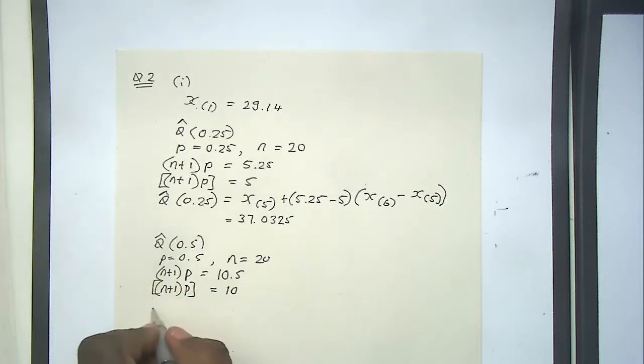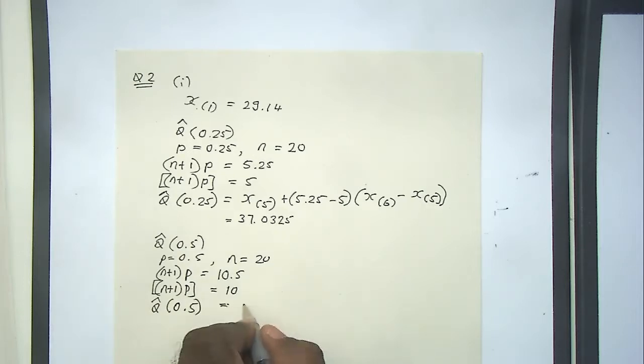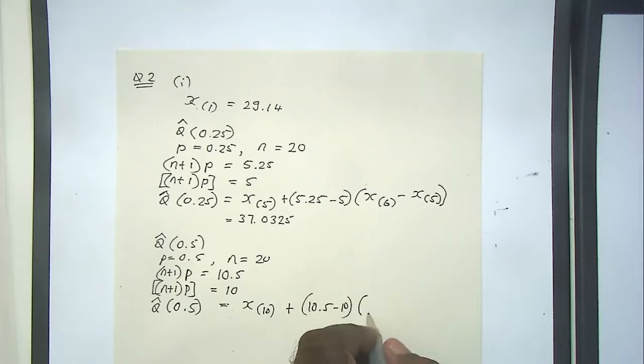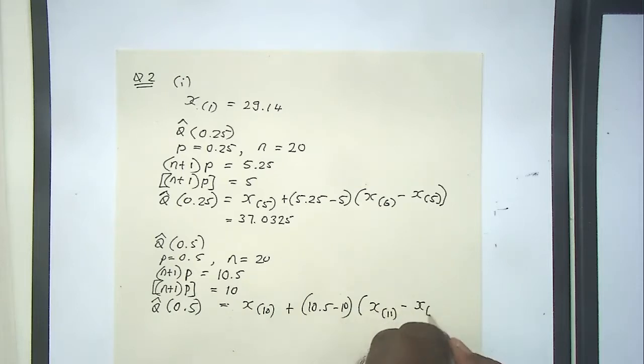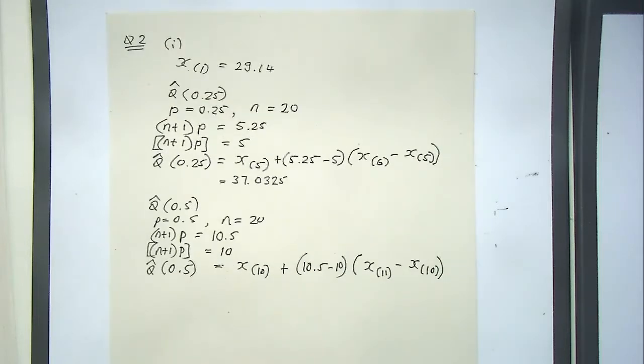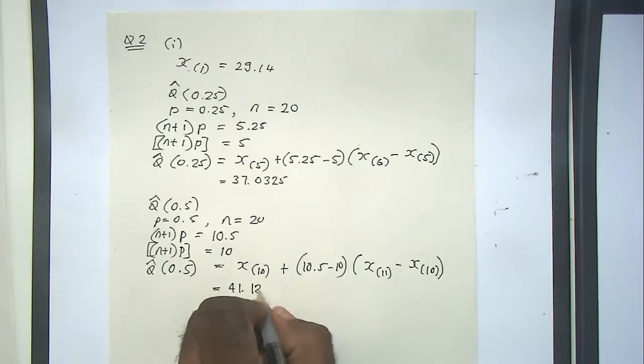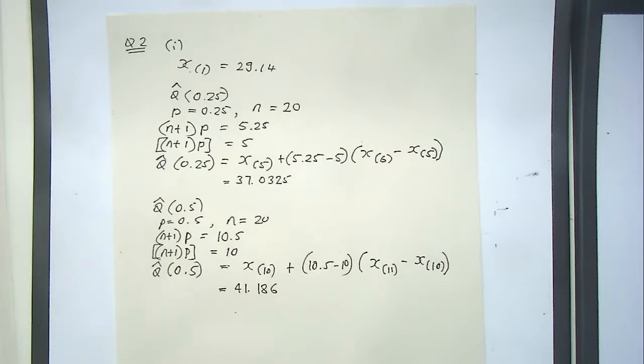So Q hat at 0.5 is x10, the 10th smallest data point, plus (10.5 minus 10) multiplied by (x11 minus x10). If you work this out, you get 41.186. That's the median.